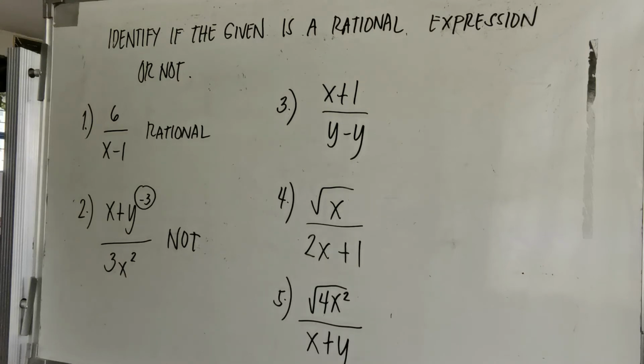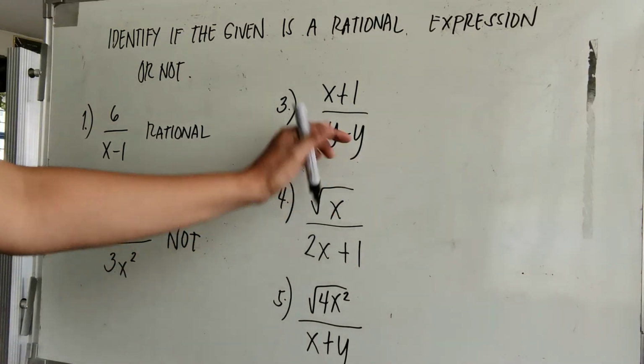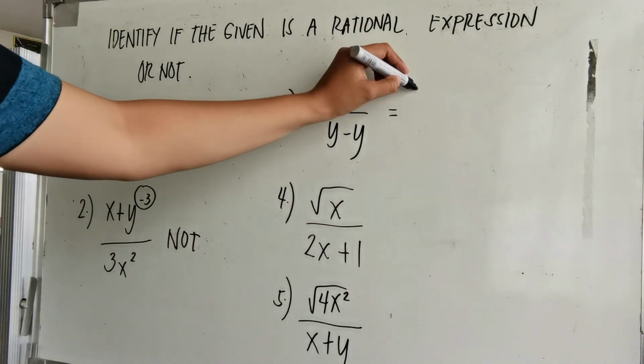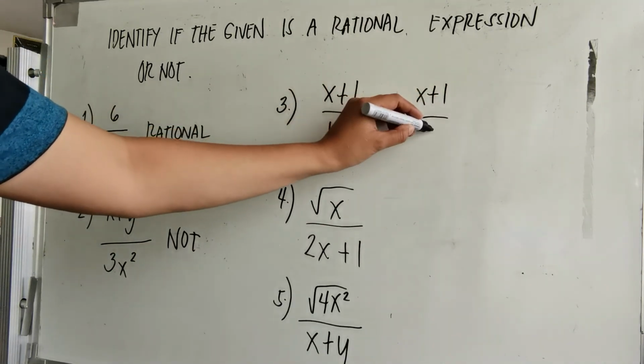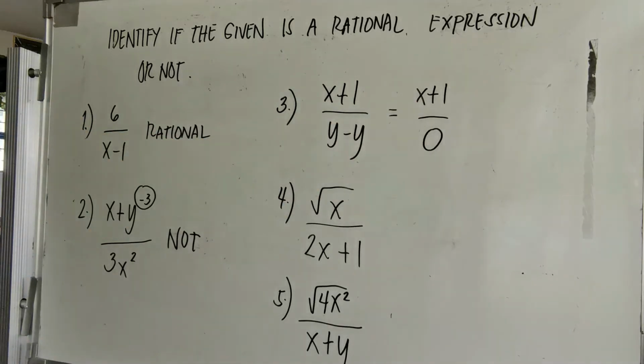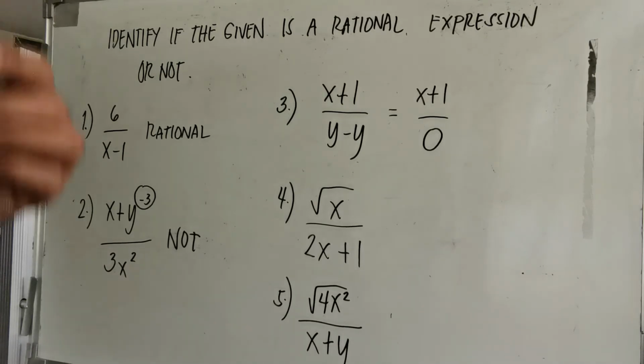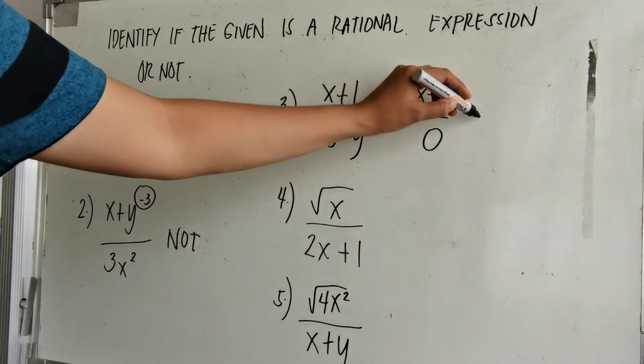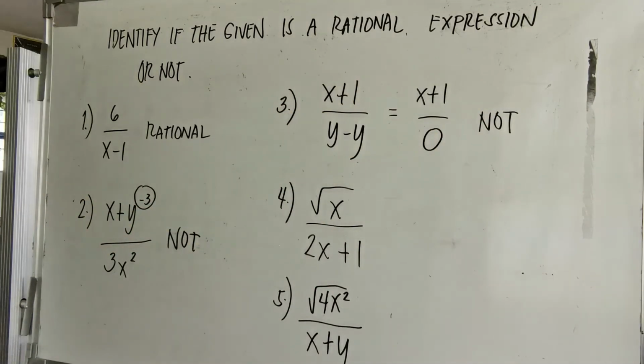And if we're going to simplify, since same ang ating variable, magiging x plus 1 over 0 siya. So, ano yung sabi kanina sa ating definition? Ang sabi doon, p of x over q of x, where q of x should not be equal to 0. Kasi magkakaroon tayo doon ng undefined. So, ibig sabihin, number 3 is not a rational expression.